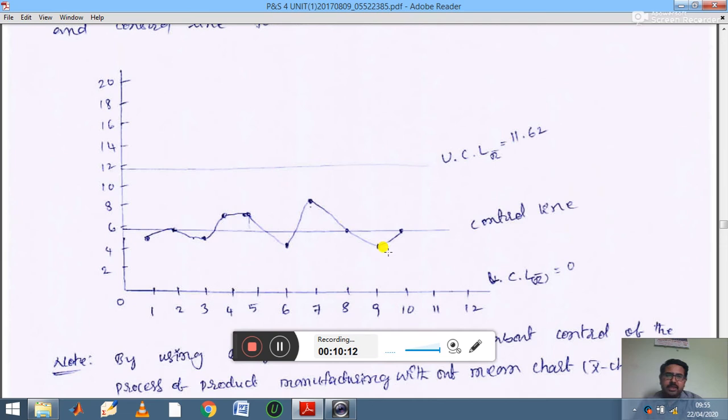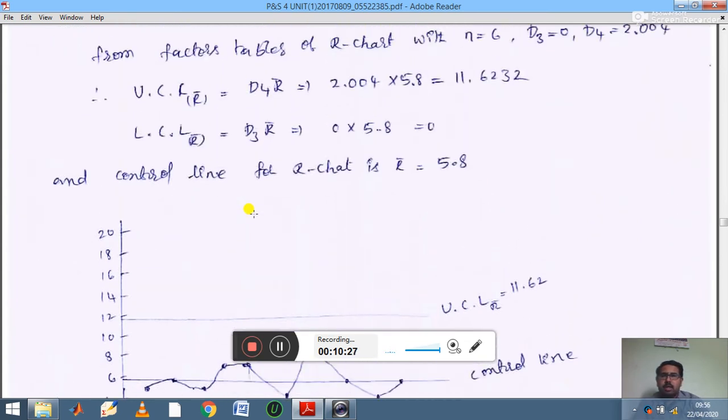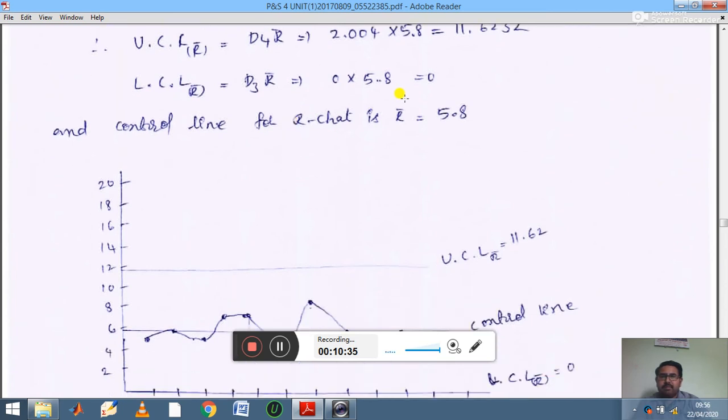Then you join these points using the pen itself. No need to use any scale here. You just join these points and you get this curve. Before that, you need to do one more thing, because you calculated the CL, UCL and LCL values, so you need to mark these lines. CL is 5.8.